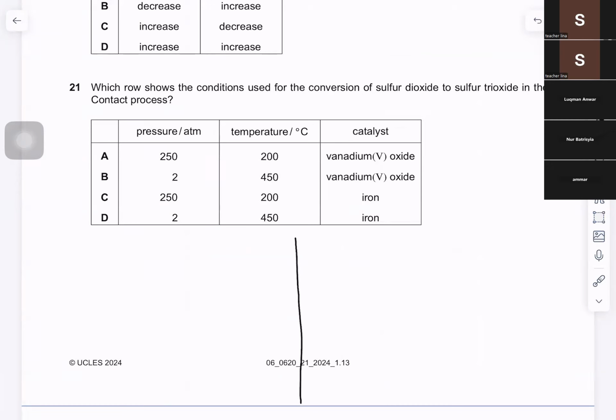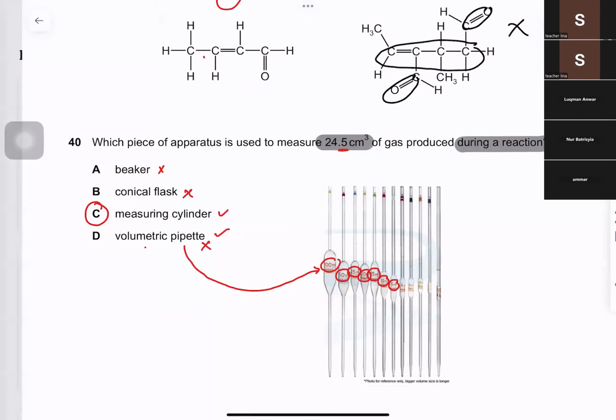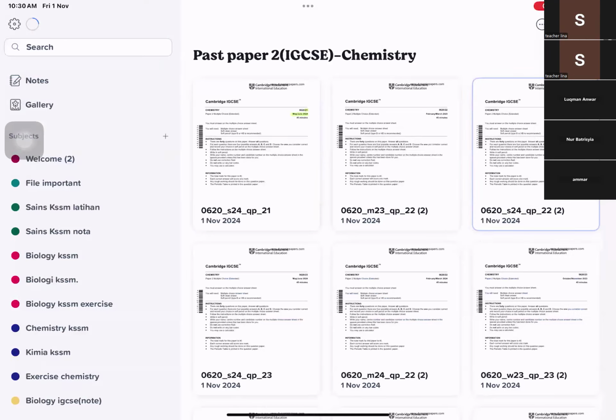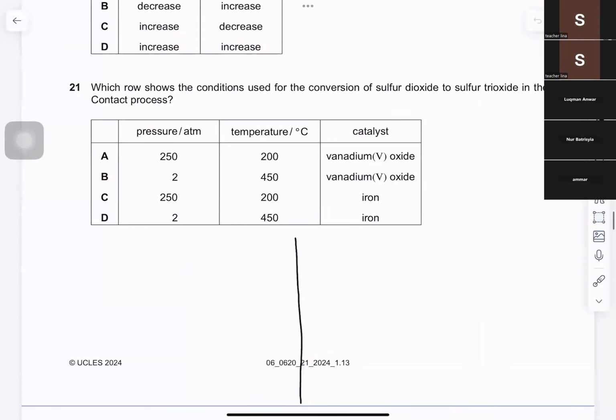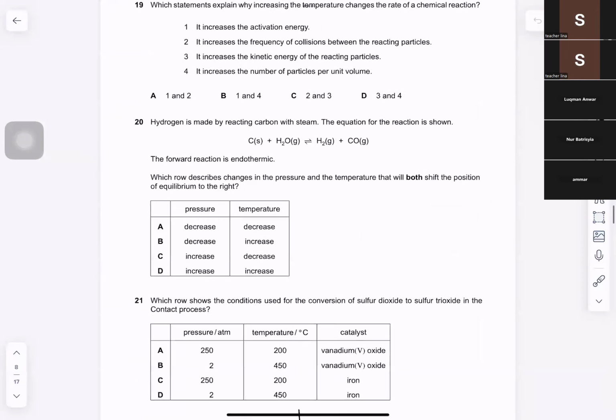Teacher, soalan 20. 22. 23. 22 sayang. Soalan 20. May, June. Soalan 20. Ni.